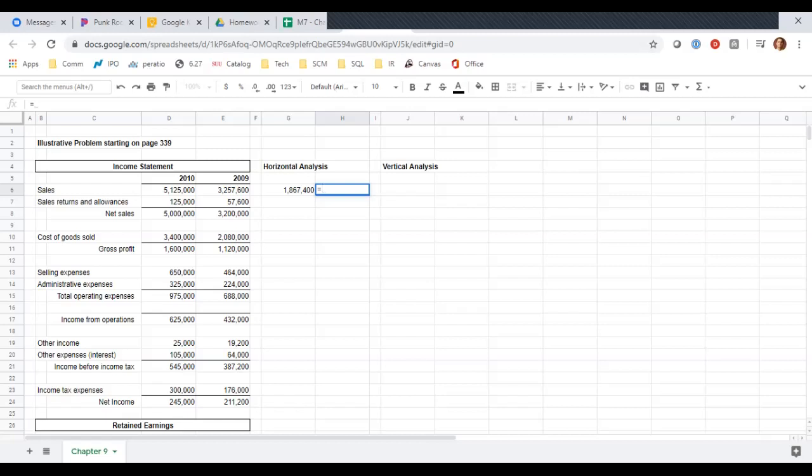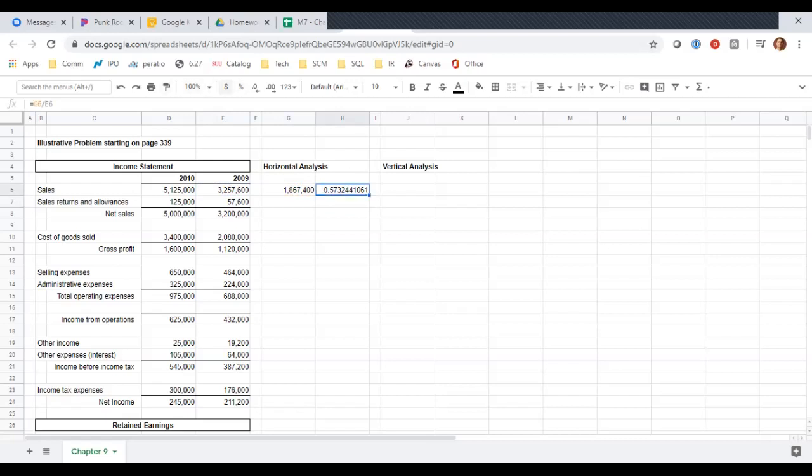Okay, so in order to know what percentage change that is, we take the difference between the two, which is what we calculated here, and we divide that by our base year. So our difference is from 2009 to 2010, so we want to use 2009 as our base year difference.